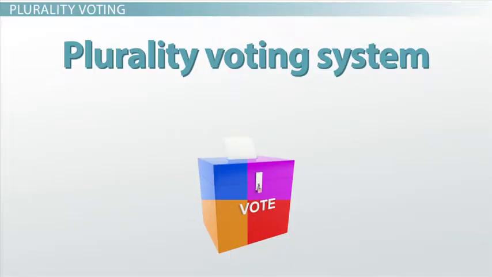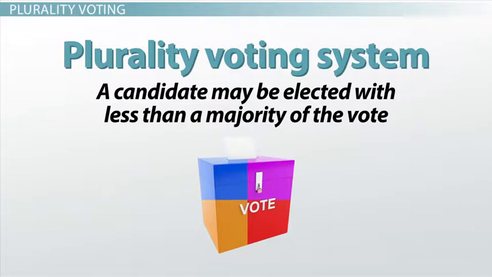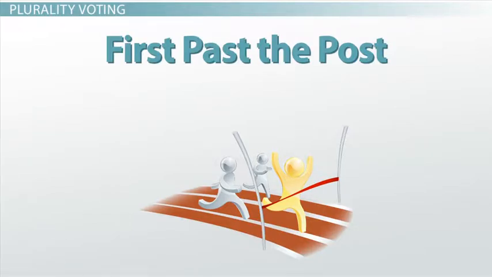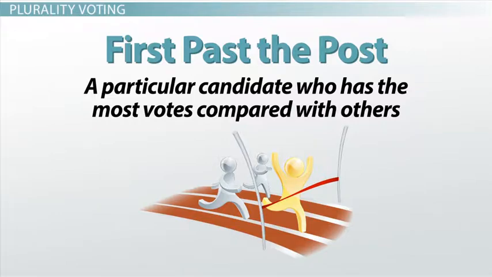In a plurality voting system, a candidate may be elected with less than a majority of the vote. Plurality voting systems typically operate based on a concept called first past the post, which refers to a particular candidate who has the most votes compared with others.